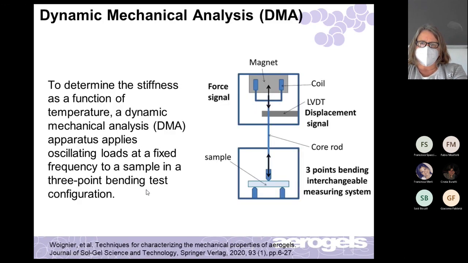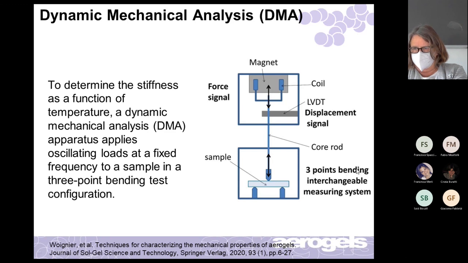So one type of test is a dynamic mechanical analysis instrument where you want to determine the stiffness or the strength as a function of maybe temperature. And so there is a device where you can take a sample, and this is 3-point bending. I'll talk more about that in static tests.